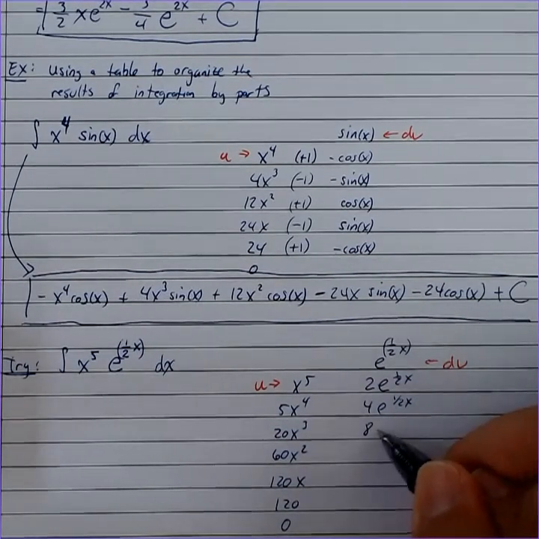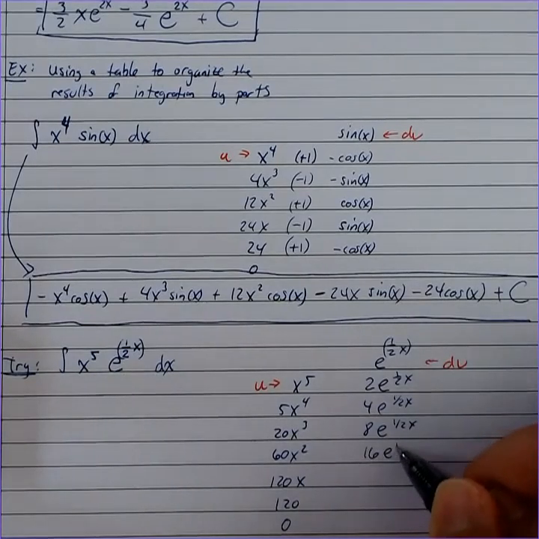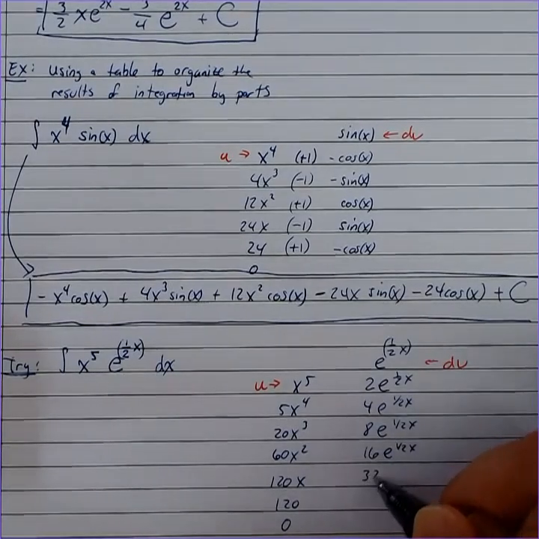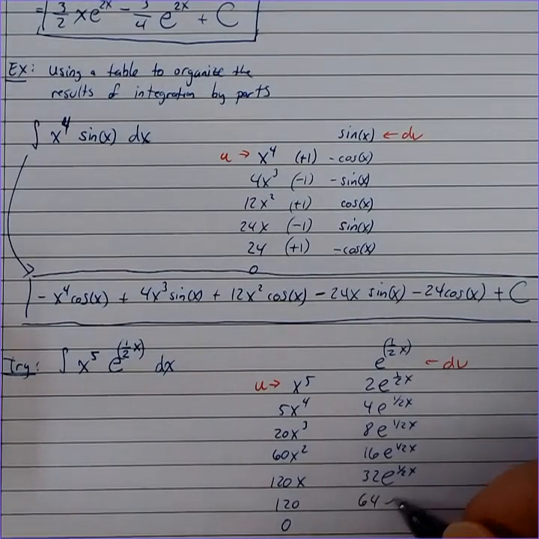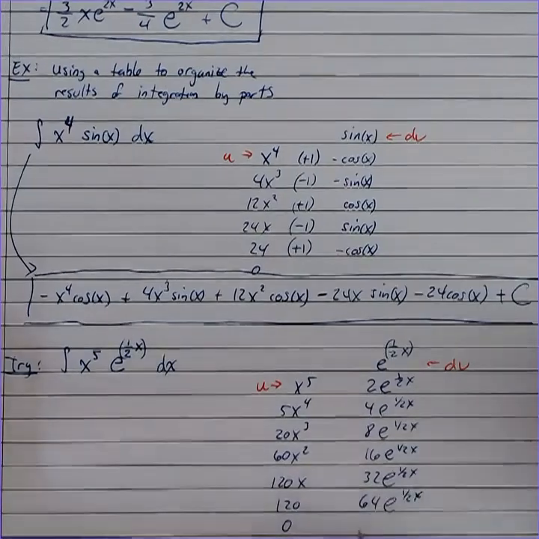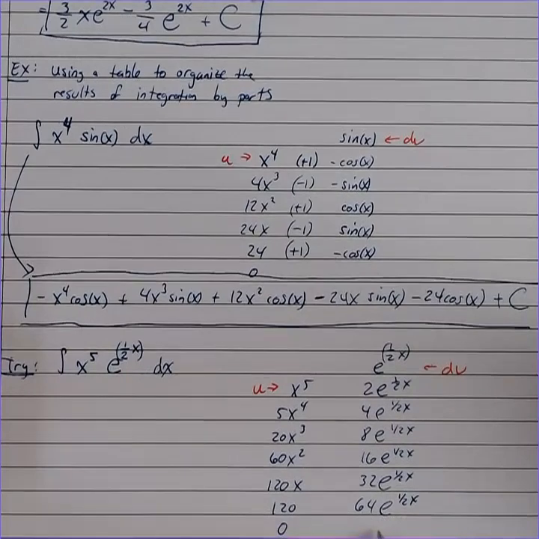That'll be 8e to the 1/2 x. That'll be 16e to the 1/2 x. 32e to the 1/2 x. 64e to the 1/2 x. And then that's how you know to stop once you reach 0. Here you could go one further, but anything times 0 will be 0 anyway, so it's kind of a waste to do one more.